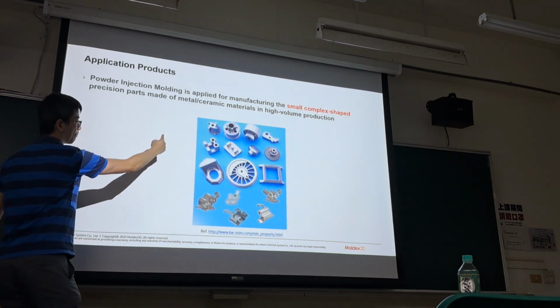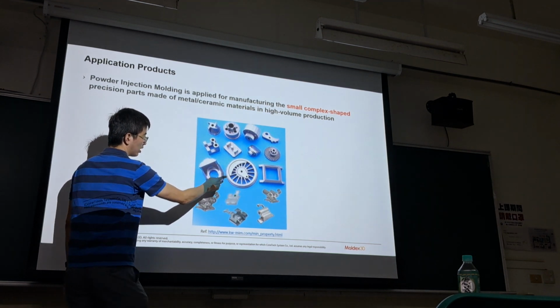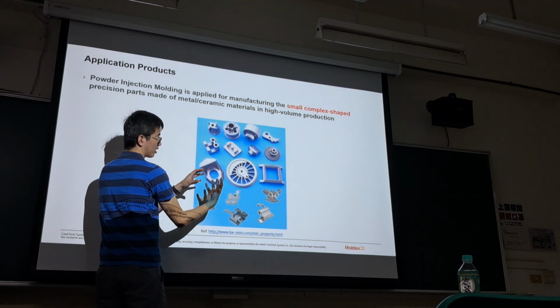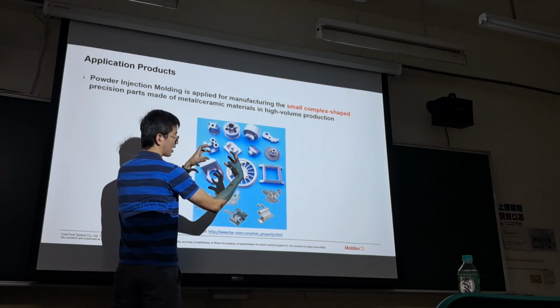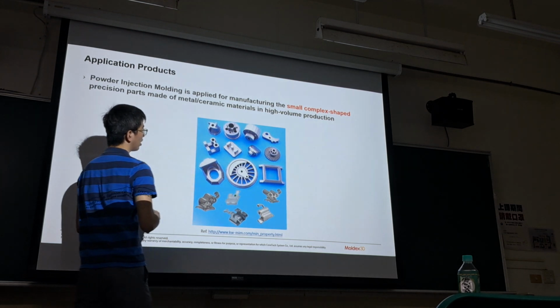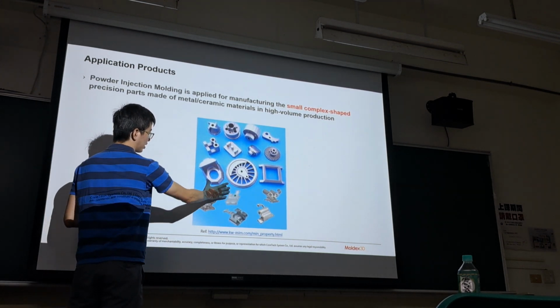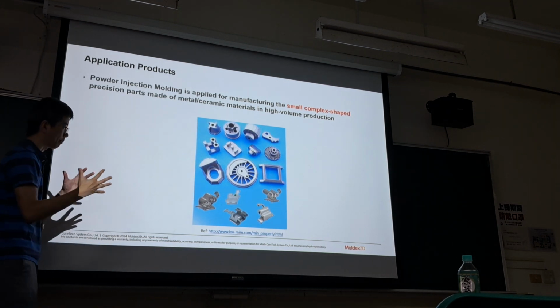For example, those are made through powder injection molding. The geometry is very complicated, so you design a mold to help you achieve that. And typically we always use this for small ones, not for big ones.